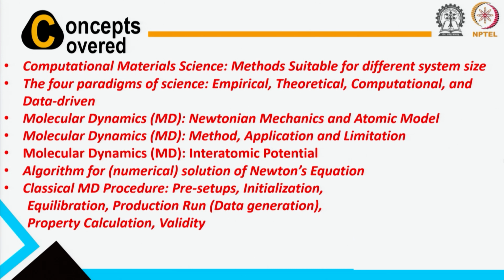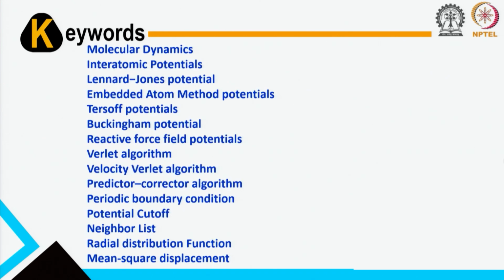Essentially, some of the pre-setups, initialization, equilibration, production runs, data generation, and property calculation. At the same time, if time permits, we will see what criteria you need to check whether the MD runs are valid or not. So these are the keywords which we can search, and these keywords are essentially described in these lectures.